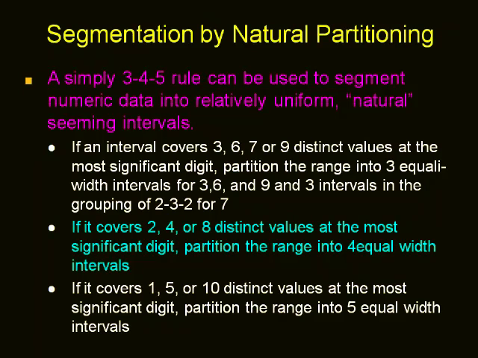If it covers 2, 4 or 8 distinct values at the most significant digit, partition the range into 4 equal width intervals. If it covers 1, 5 or 10 distinct values at the most significant digit, partition the range into 5 equal width intervals. So these rules are followed in determining the partitions.